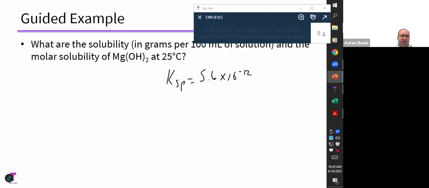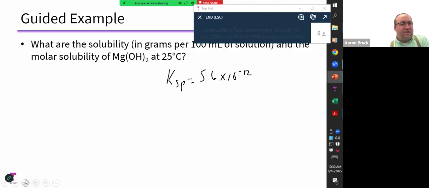All right, let's take it all the way back the other direction. What are the solubility and molar solubility of magnesium hydroxide at 25 degrees Celsius? KSP for that is 5.6 times 10 to the negative 12th.